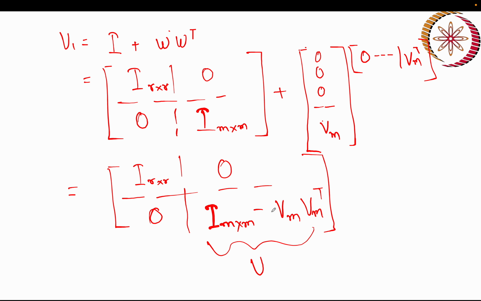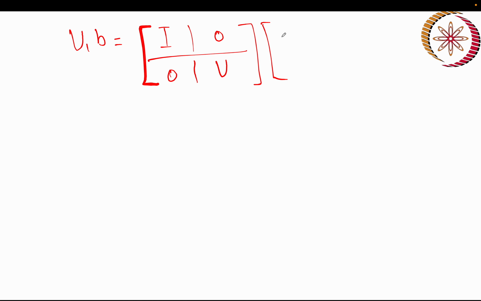And this matrix we are treating as u. You can see that if we now multiply this u1 times b, let's say, I will not write the sizes now, I minus u times cd, it will be c u d.